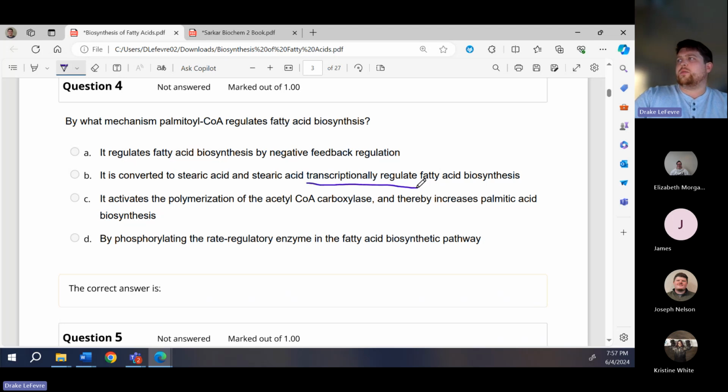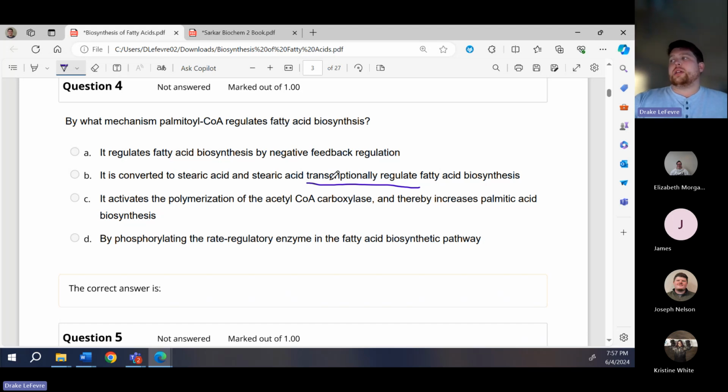Transcriptionally regulates. Does anybody have any idea what that means? Kind of what that's referring to? So remember in Biochem 1, when we talked about nuclear receptors. Nuclear receptors go right through the membrane, right into the nucleus, and then they can bind down in there to stop genes and proteins from being expressed.